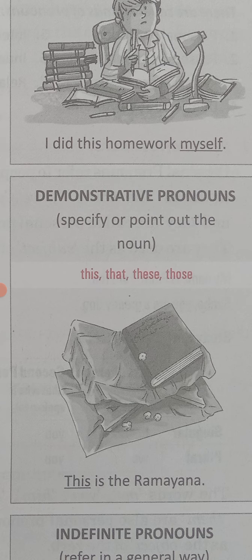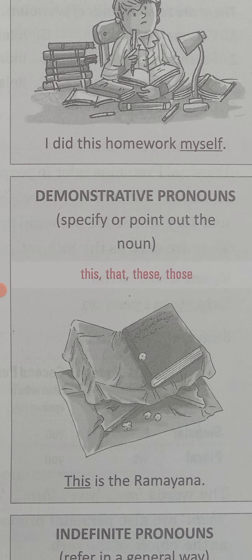Next is your demonstrative pronoun. Demonstrative pronoun is specifically telling us about something either by pointing it out or by telling us that thing is near to us or far away from us. So the words this, that, these, those are the examples of demonstrative pronoun.